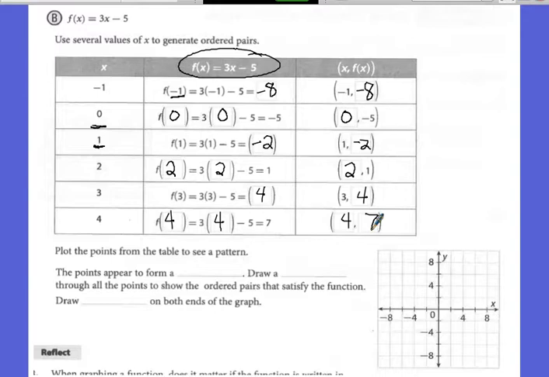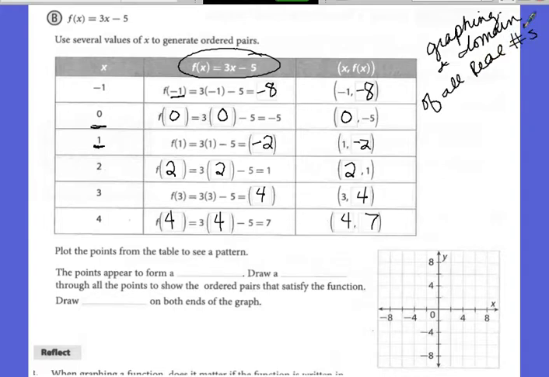Okay, so in this case, I was given a list of inputs and outputs to use. However, we're graphing a domain of all real numbers.